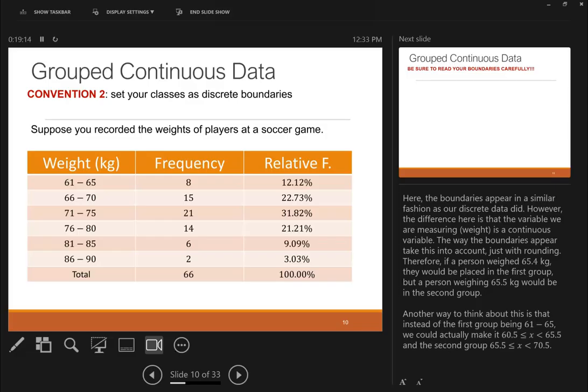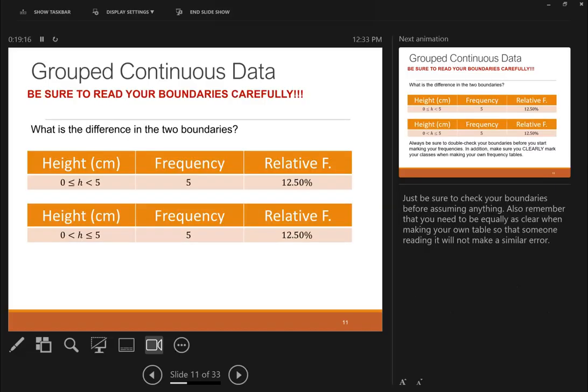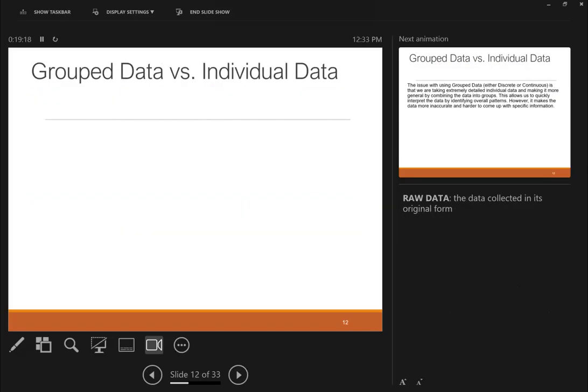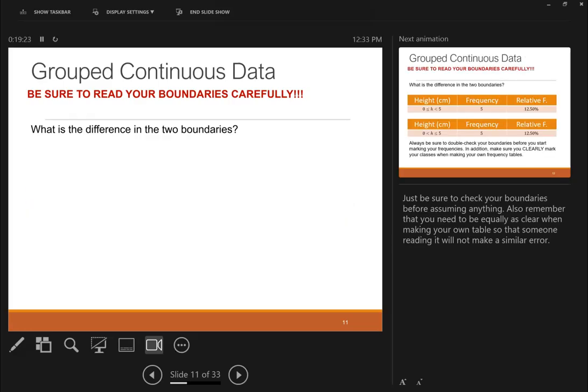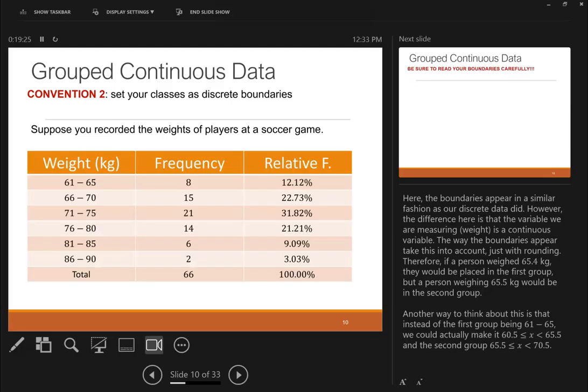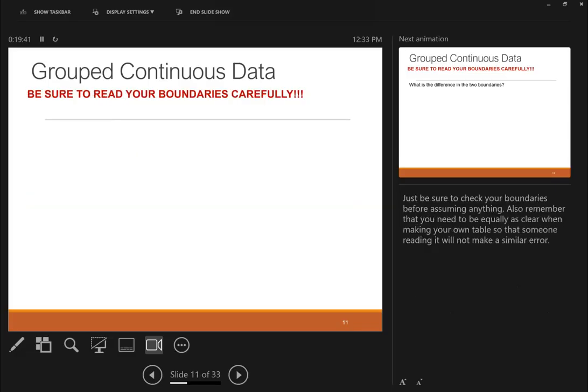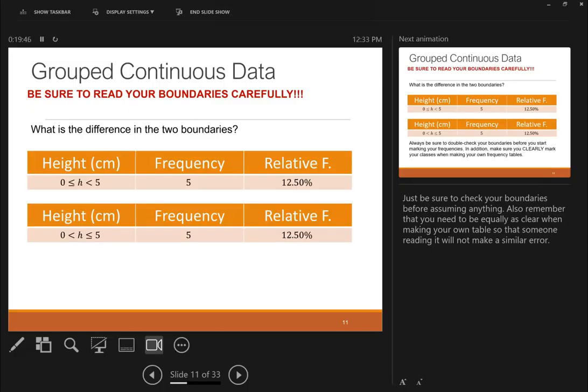Everybody's okay? So really, in a discrete situation, or if I have continuous data that I'm using a discrete grouping, you've got to remember the rounding rule, right? The other thing we have to be careful about is looking at the inequalities when we're looking at our boundaries.